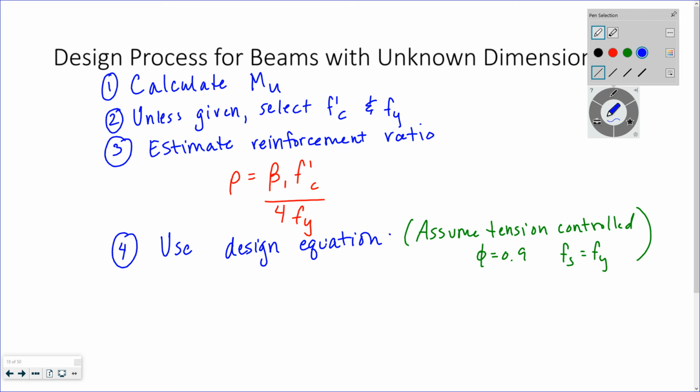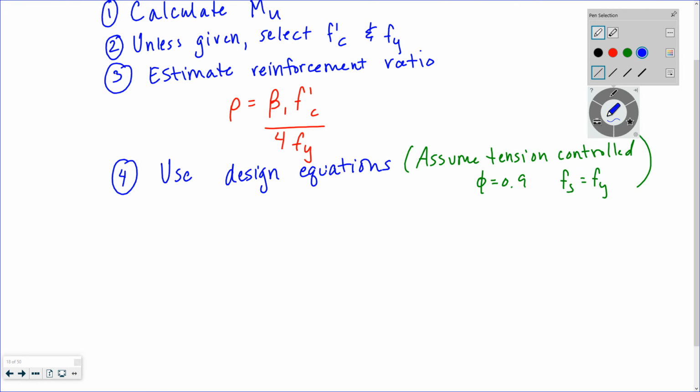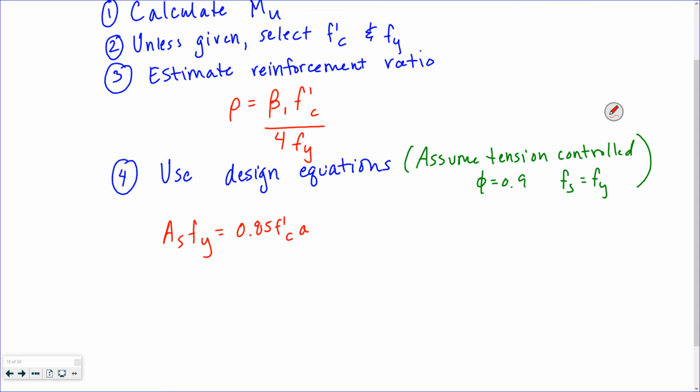So we have our two equations, right? We have equilibrium, where my area of steel times my yield stress is equal to 0.85 f'c a b. And I know that my reinforcement ratio is equal to As over bd.